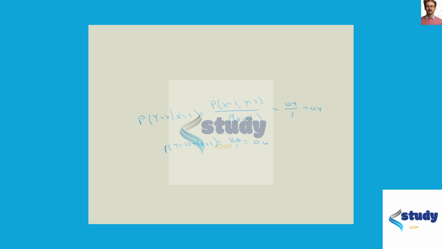So the conditional probability distribution of y given that x is 1 is 0.4, 0.6.